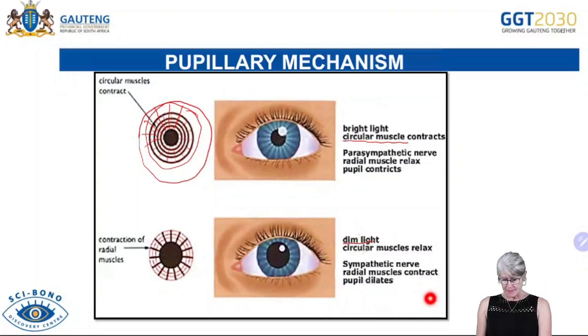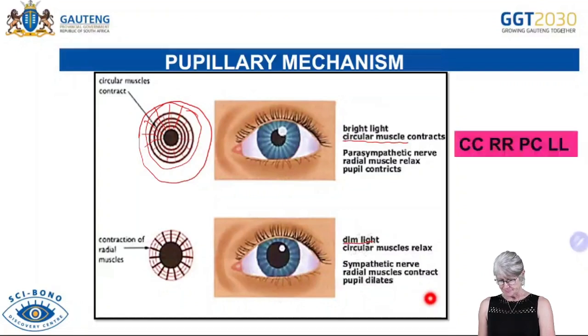All right, and my radial muscle then is going to contract, and that then is going to cause the pupil to dilate, which then allows more light into my eye so that I can see better.